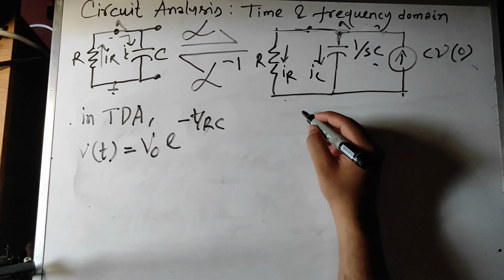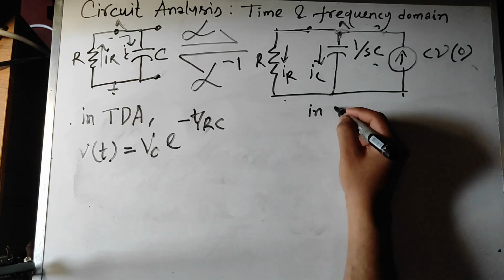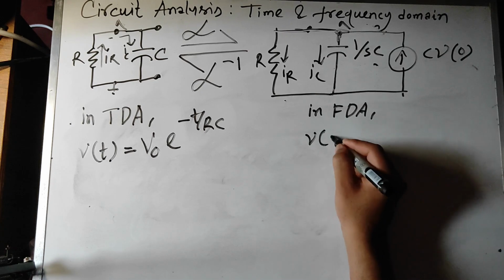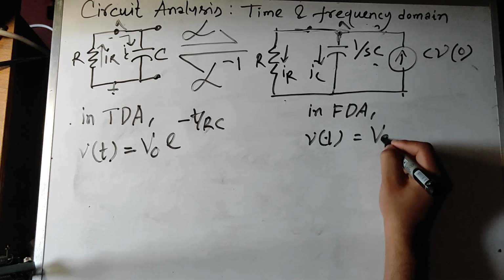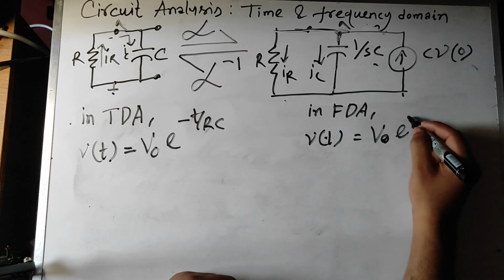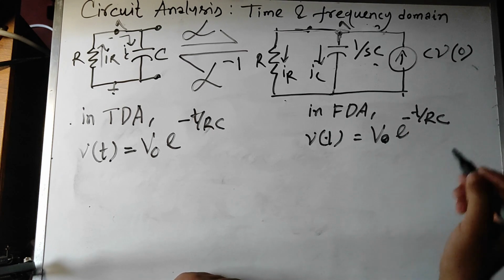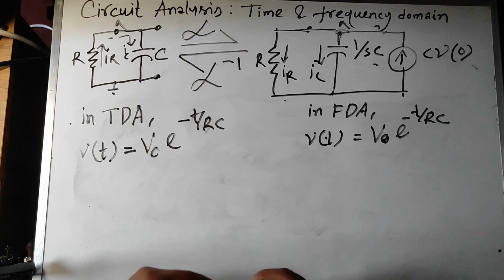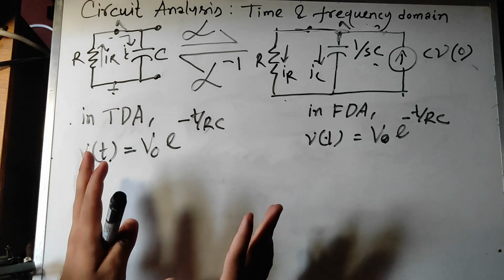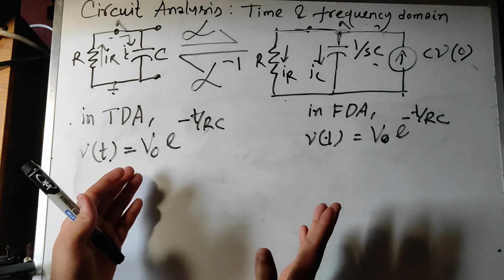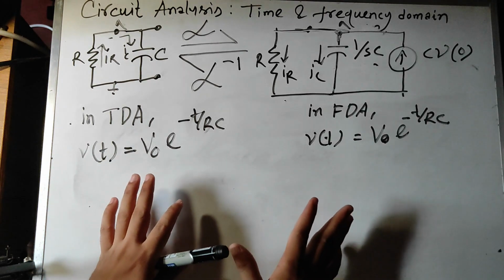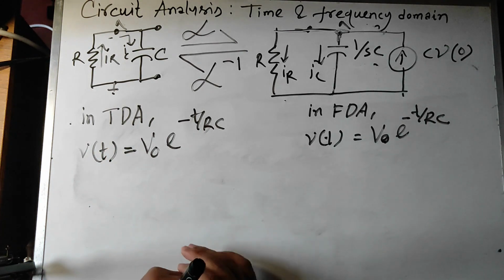And in frequency domain analysis, the solution is the same: V(t) equals Vo e to the power minus t by RC. So that's it for today. This is the circuit analysis for the source free RC circuit, which also gives the response of the circuit. We analyzed this circuit and got the response of the circuit.